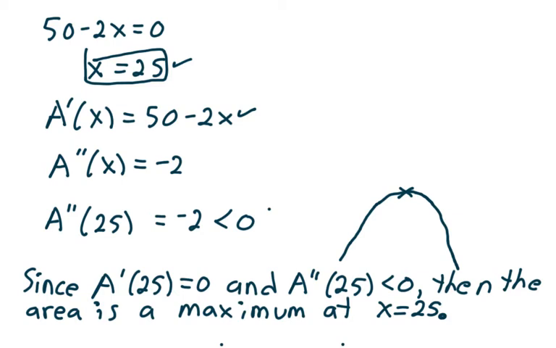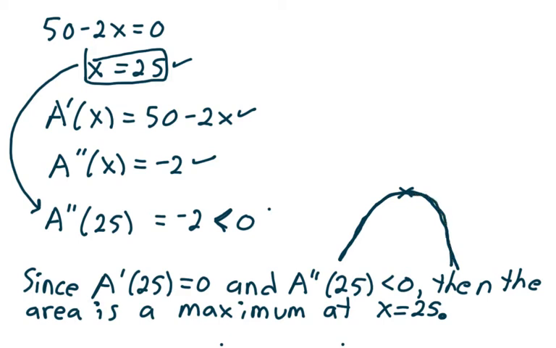I'm going to take the second derivative, which is negative 2, and I'm going to plug the critical number into the second derivative. And when I do, I get A double prime of 25 is equal to negative 2, which is less than 0. And that function is concave down.